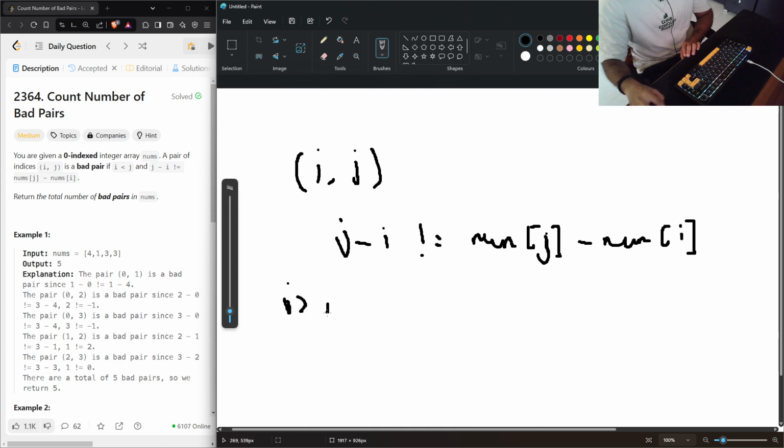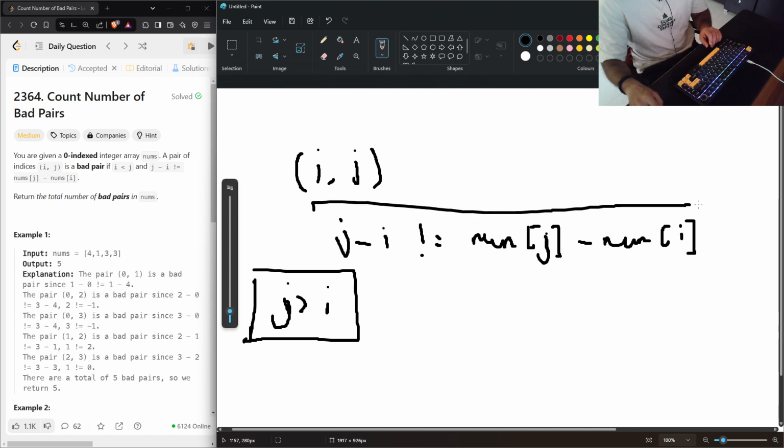So basically this means the difference of the indexes j and i, and here j is greater than i, as we discussed, it will always be greater than i in a pair. What they mean by a bad pair is that the index difference should not be equal to the difference between the values at those indexes.